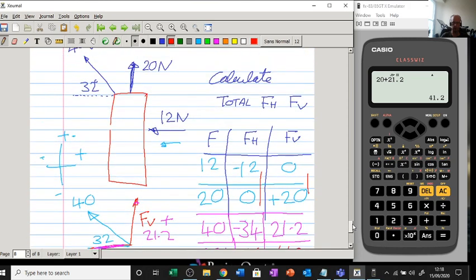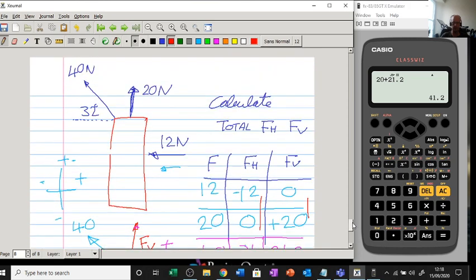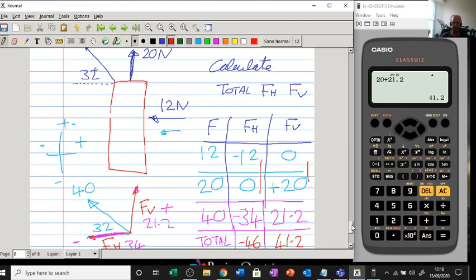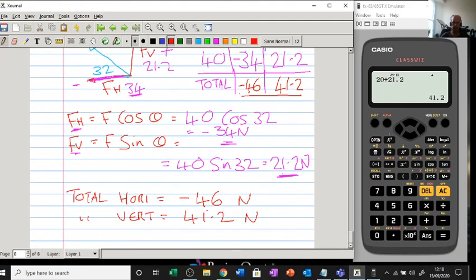So all three forces, when you break it down, in the end it's being pulled horizontally 46 to the left, because minus, and it's being pulled up at 41.2.